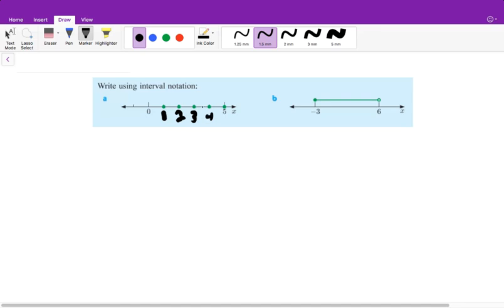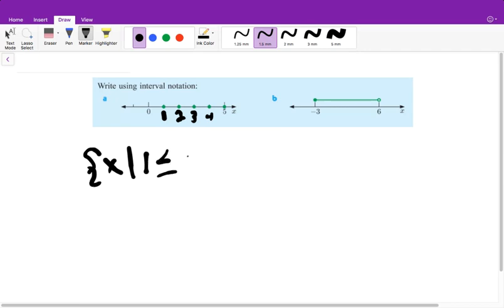All right, so if we want to go ahead and write this into set notation, we would write the set of all x's such that, and then we're going to write the rule for what's happening with our x. So we're going from 1 to 5, and it's including both 1 and 5. So we will then say that x is greater than or equal to 1 and less than or equal to 5. Let me switch this to a pen, it's a little too thick.